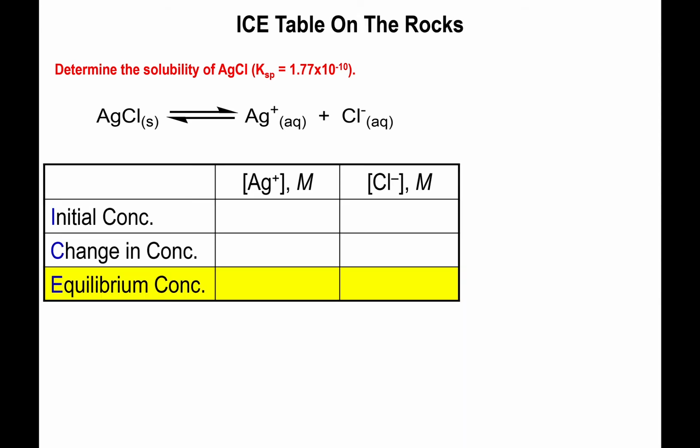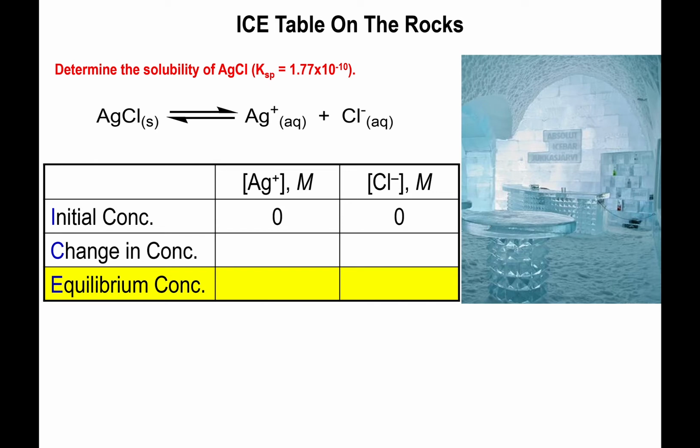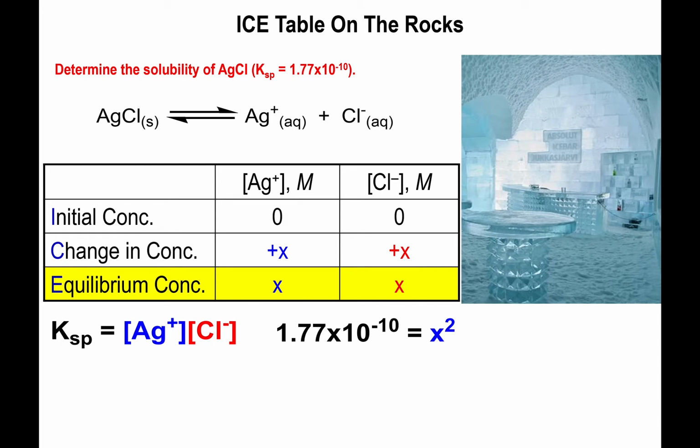At that point, we use the ice table to determine the initial concentrations, which in this case we assume to be zero, and the change in concentration, which is based on either the subscripts in the formula or the balancing coefficients of the products. So with equilibrium concentrations, we can find the equilibrium expression in terms of x, which we utilize to solve for the value of x.